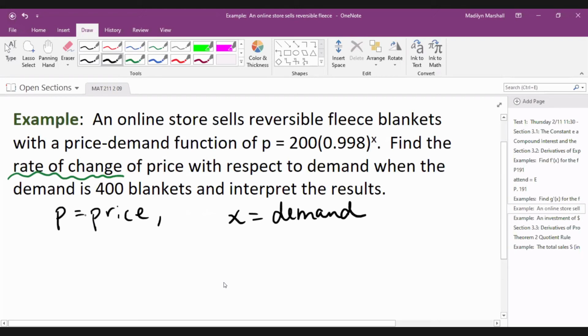So first, in order to find rate of change, we need to know the derivative.